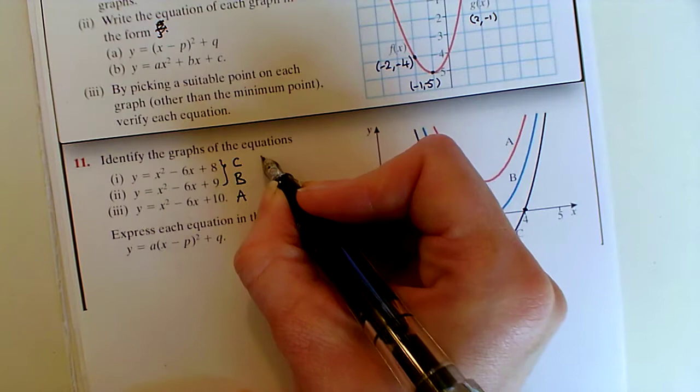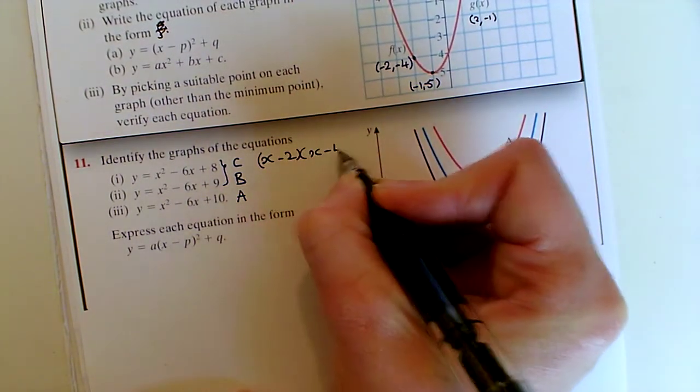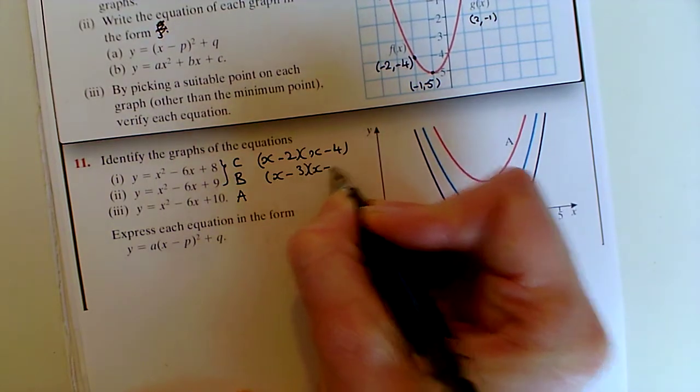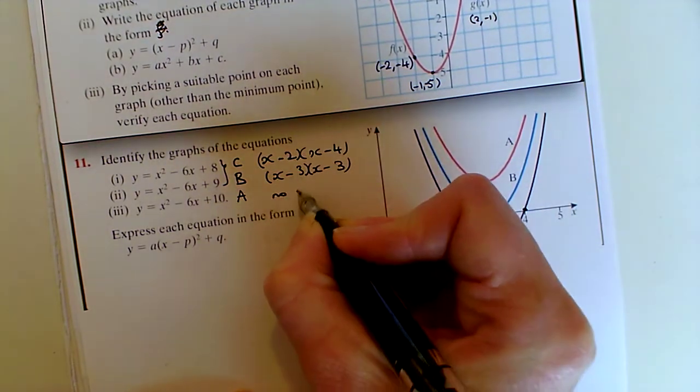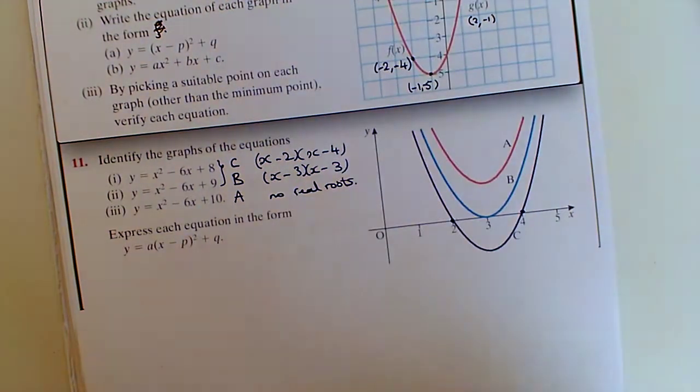So this was the only one with real, distinct roots. This one had equal roots. And this one had no real roots. So, of course, it never intersected the x-axis.